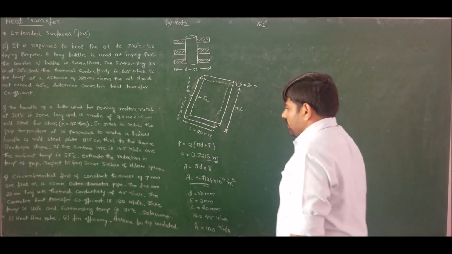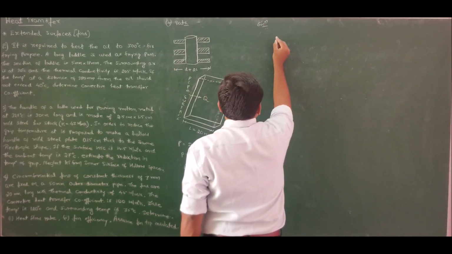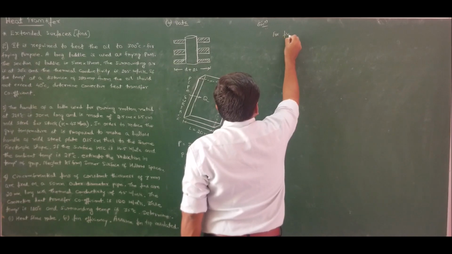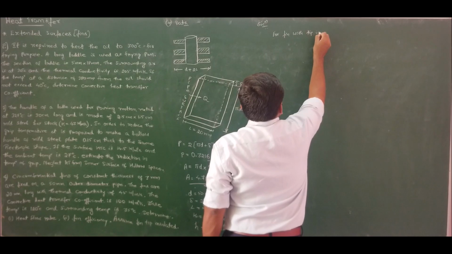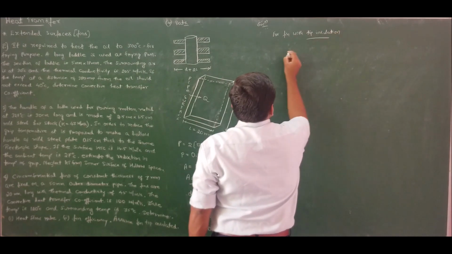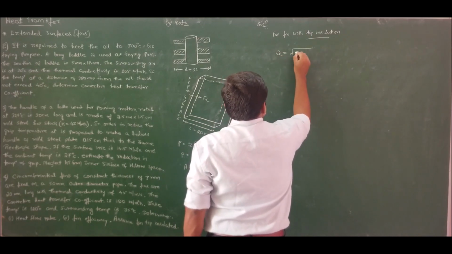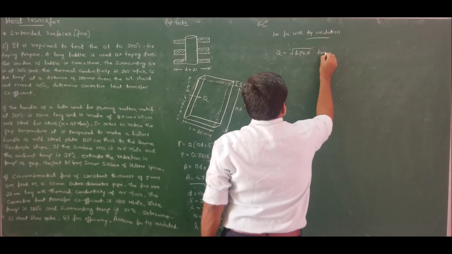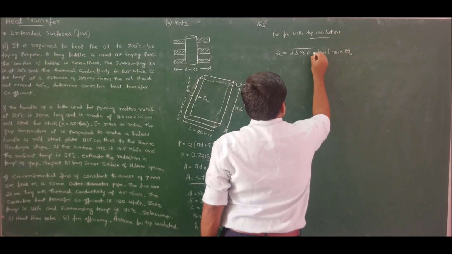Now we want to find the heat flow rate. So for a fin with tip insulation, the rate of heat transfer Q is given by root of hPkA tanh(mL) into theta naught.